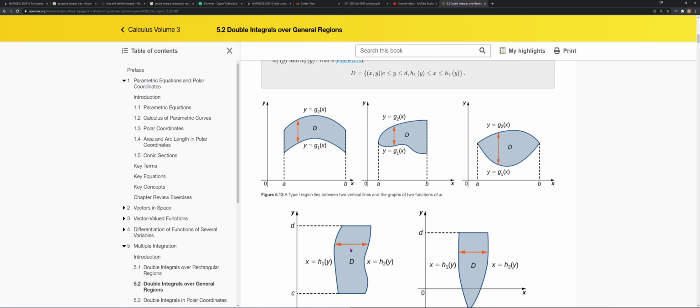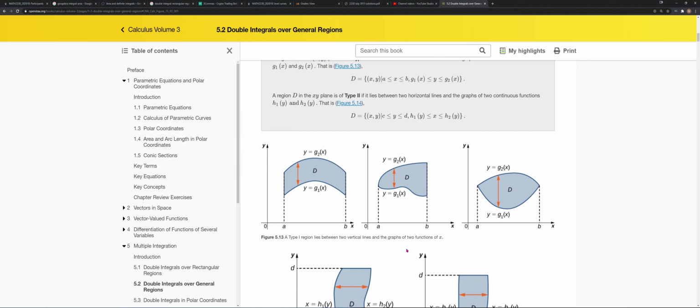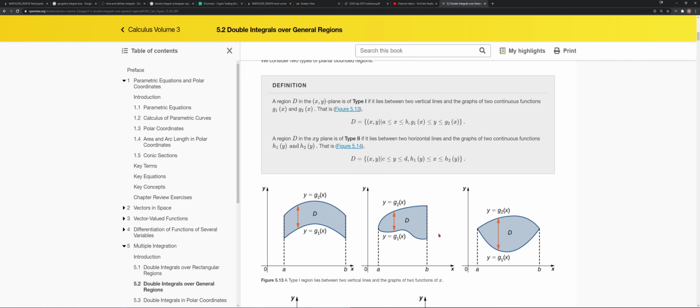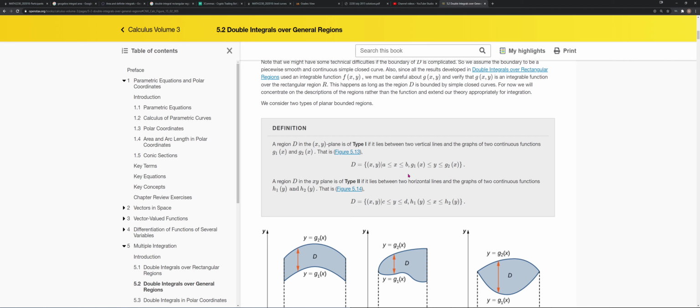So this one is a type 2 region, and similarly, this one is a type 2 region. The region lies between two horizontal lines, y equals c and y equals d, and the x values lie between two functions of y, as this one does. So this region D can be expressed in this form here.